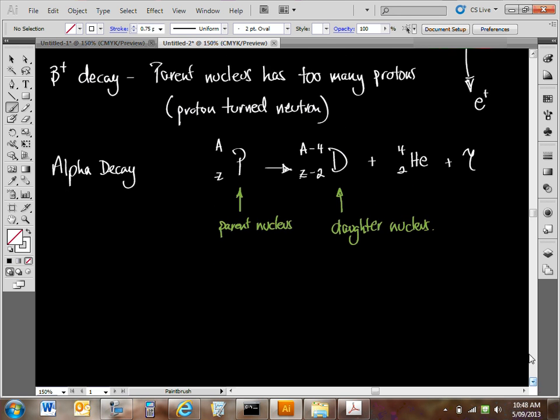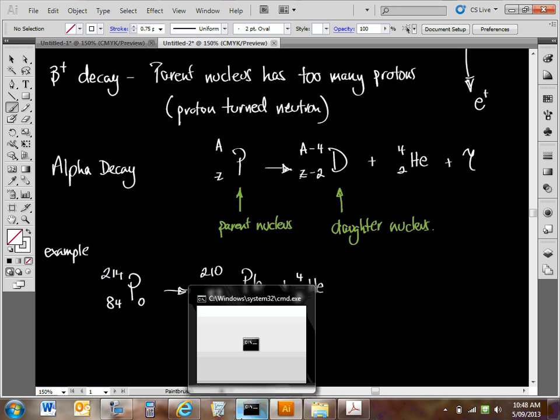Here's an actual example of an alpha decay. Polonium. It's actually lead plus a helium nucleus. What are the numbers here for lead? 210 and 82. A minus 4, Z minus 2.